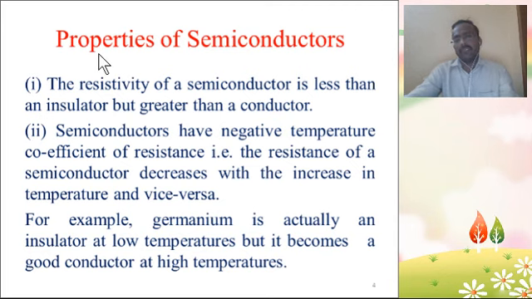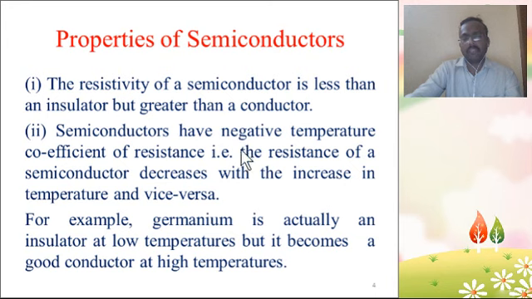Next we will see what are the properties of semiconductor. The resistivity of the semiconductor is less than insulator, but at the same time it is greater than conductor. Semiconductors have a negative temperature coefficient of resistance.